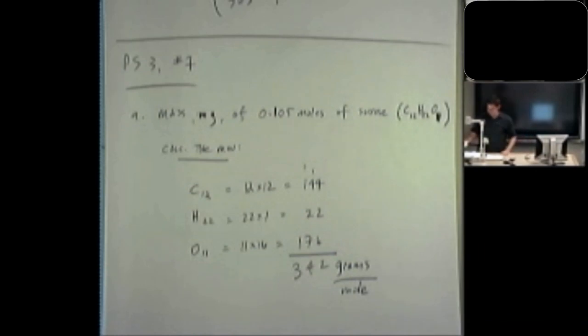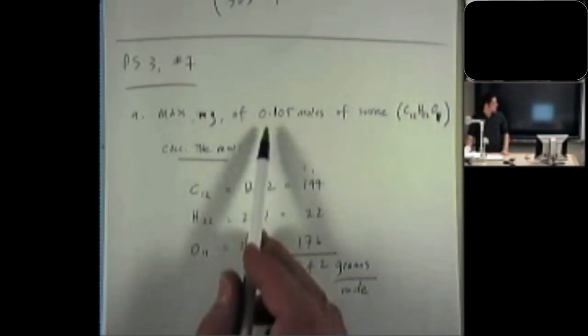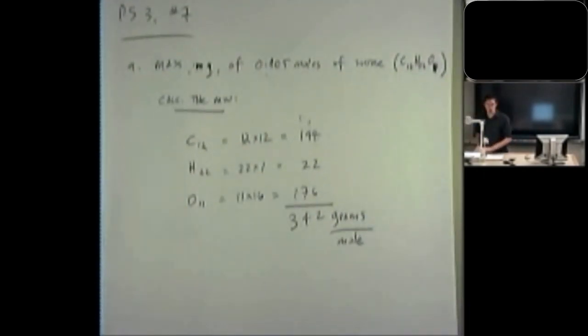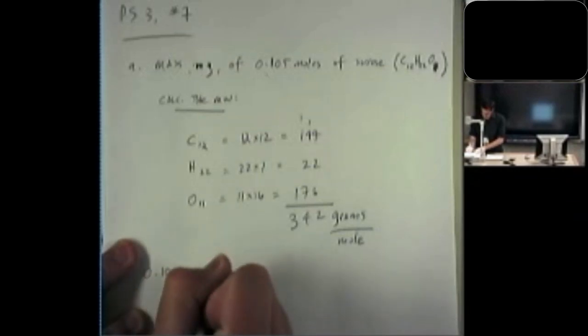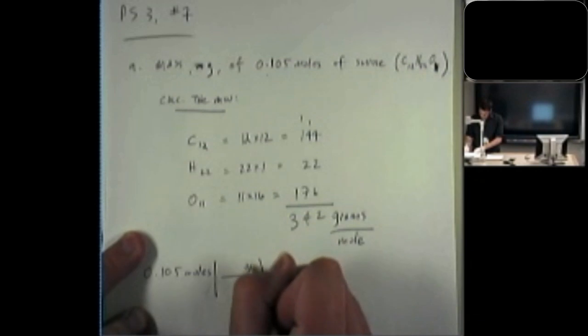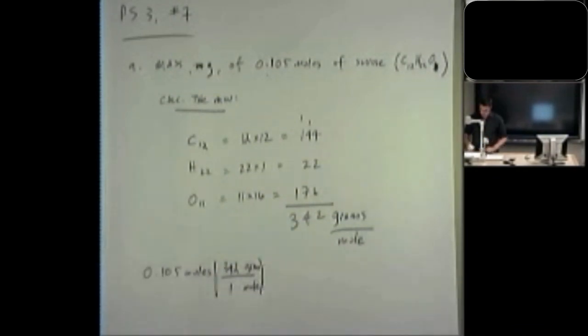And this is the reason why I keep reiterating that fact. If you remember that these are the units, it will help you figure out how to do the conversion much more quickly and easily. This is just old-fashioned dimensional analysis. And by old-fashioned, I mean something you learned like a week and a half ago. So I've got 0.105 moles, and I've got grams per mole: 342 grams in 1 mole.